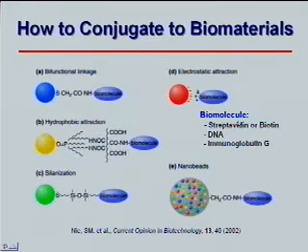The biomolecule here could be streptavidin, DNA, or immunoglobulin, which can form a specific bond to a target, to the other biomolecule target. And this quantum dot can be bound to these biomolecules with covalent bonds, hydrophobic attraction, or electrostatic attraction.